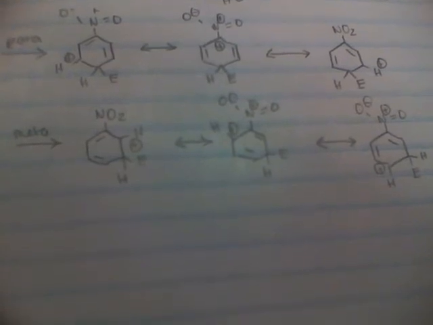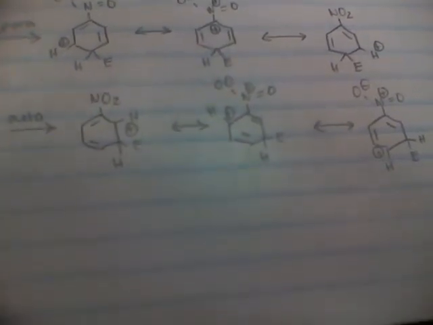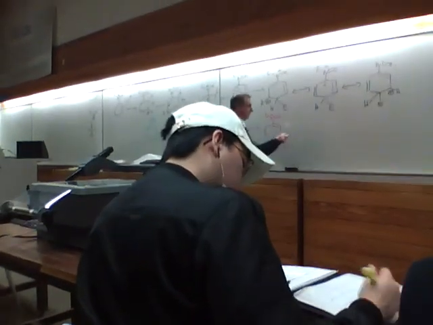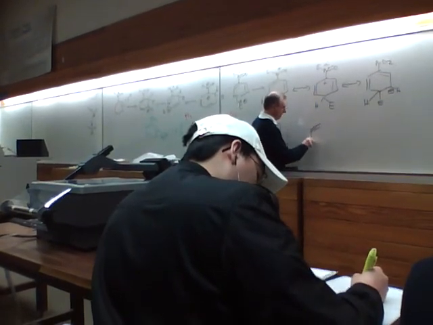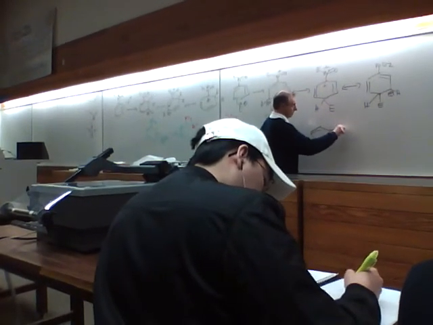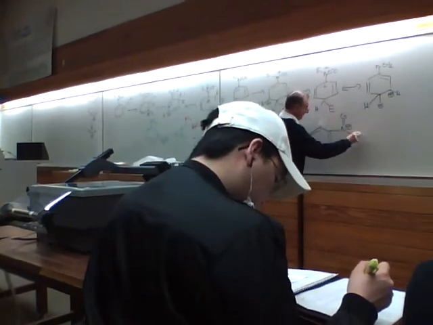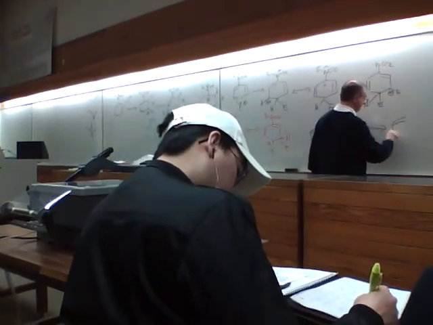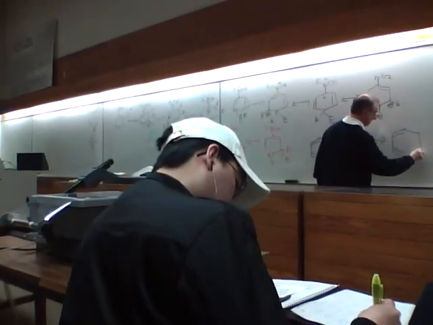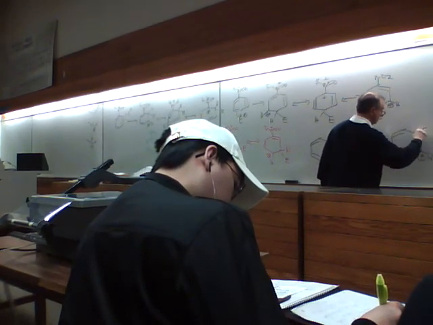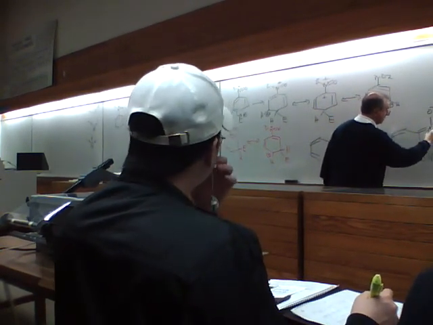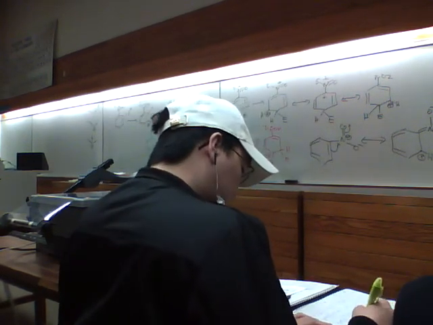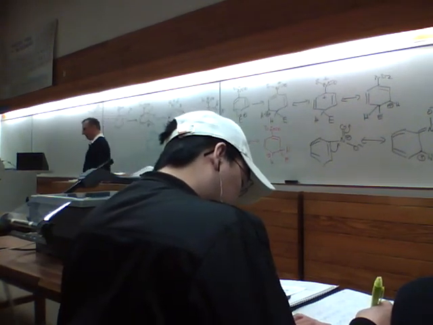And so, although the nitro group withdraws electron density from the ring, and it's very easy to see that it does draw electron density from the ring, because I can write another resonance structure in which there's a plus charge on the ring. So clearly the nitro group is going to deactivate the ring.